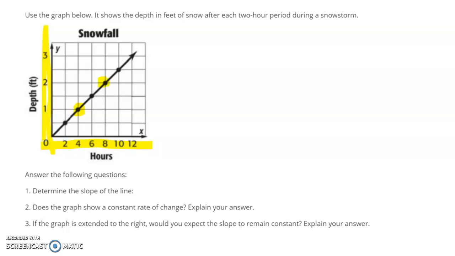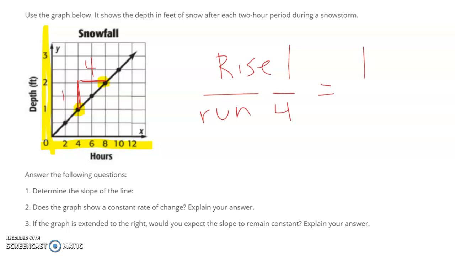Because from here, this is going from 1 to 2, which is a rise of 1. And I am going from 4 to 8, which is 4. So that is a rise of 1 and a run of 4. So your slope is 1/4.